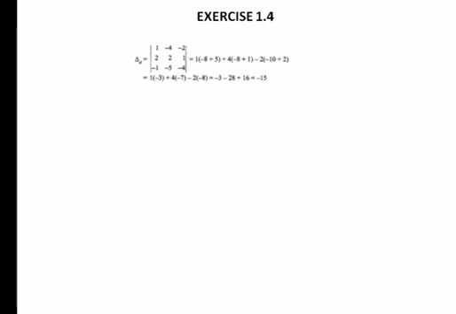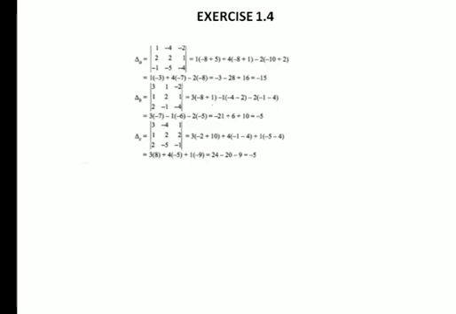Delta a minus 15. Delta b minus 5. Delta c minus 5. So that now you are going to find out the value of a, b and c. A equal to delta a by delta equal to 1.